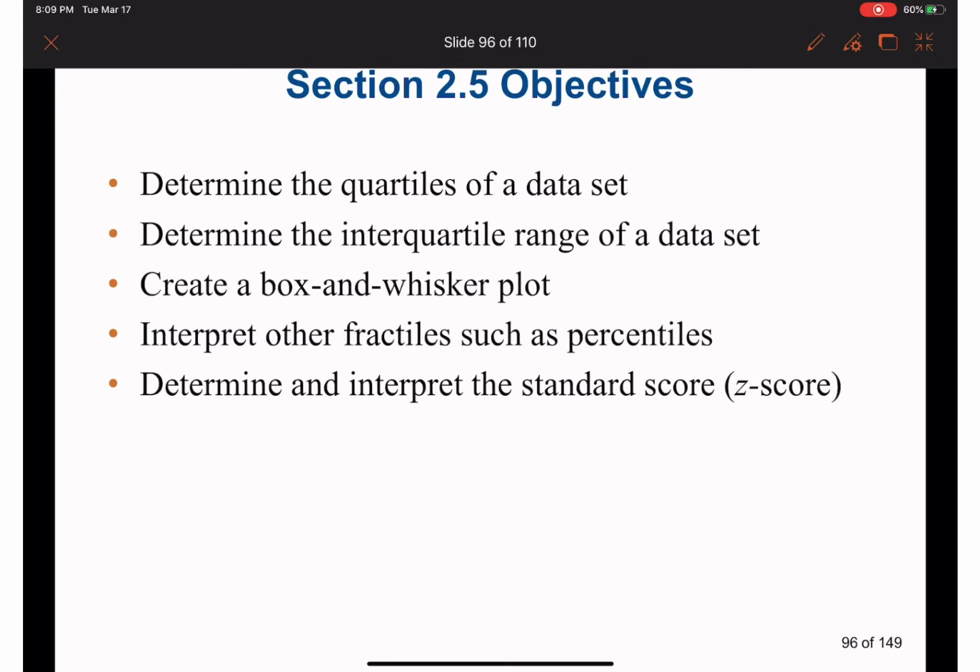Determine the quartiles of a data set. Determine interquartile range of a data set. Create box and whisker plot. Interpret other fractiles such as percentiles, and determine and interpret the standard score, z-score. Okay, we are going to cover every single objective here.